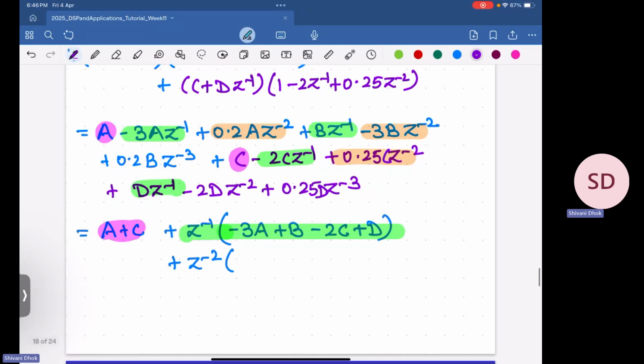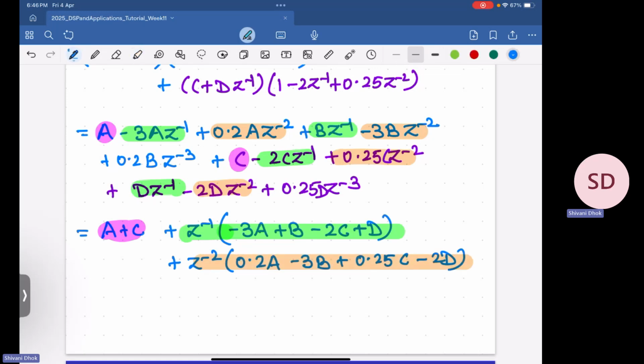And then we have one more term remaining, and that is minus 2d z to the power minus 2. So we get 0.2a minus 3b plus 0.25c minus 2d.